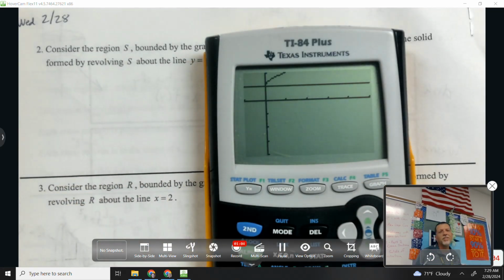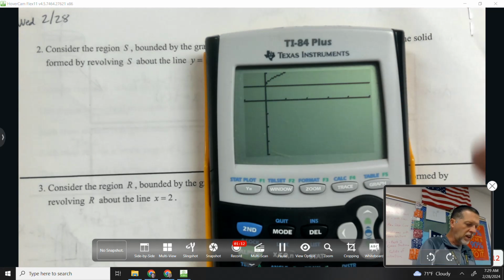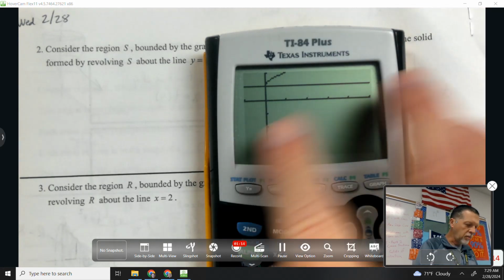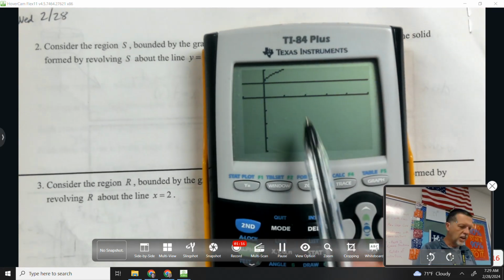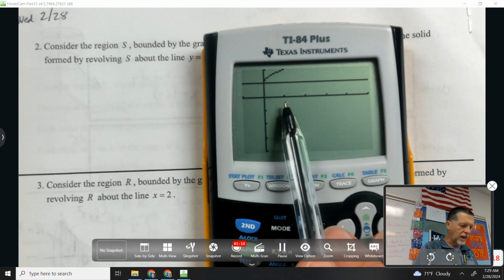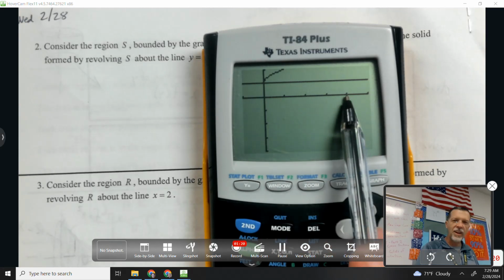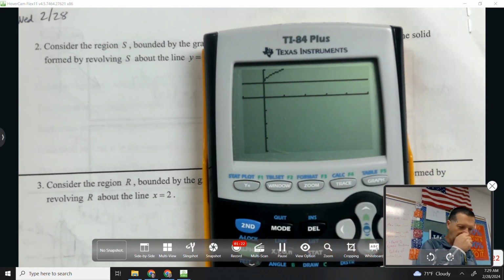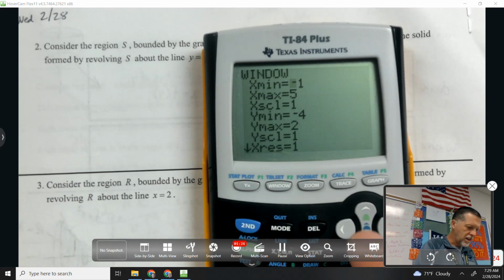Almost always, your window is never perfect when you first hit graph. So I need to see more in the y direction. My x direction is probably fine because they intersect here, and then x is 1, 2, 3, 4. So my x's are fine, but my y's need to go up a little bit more.